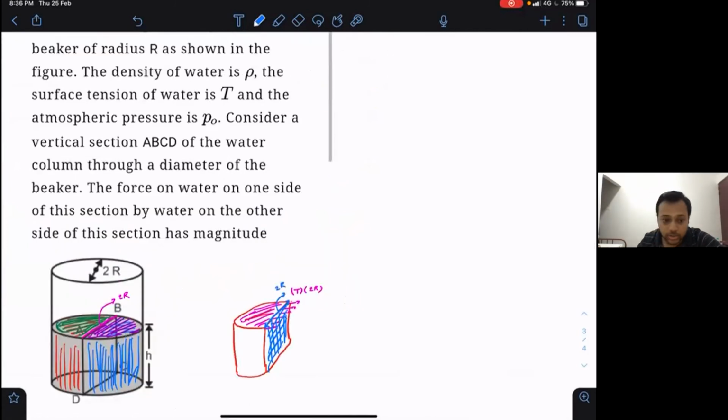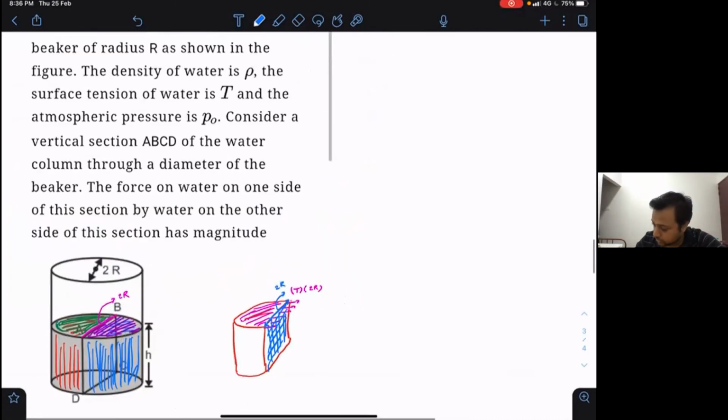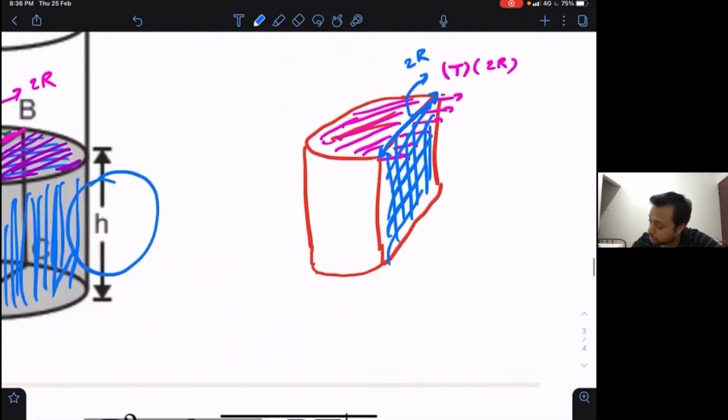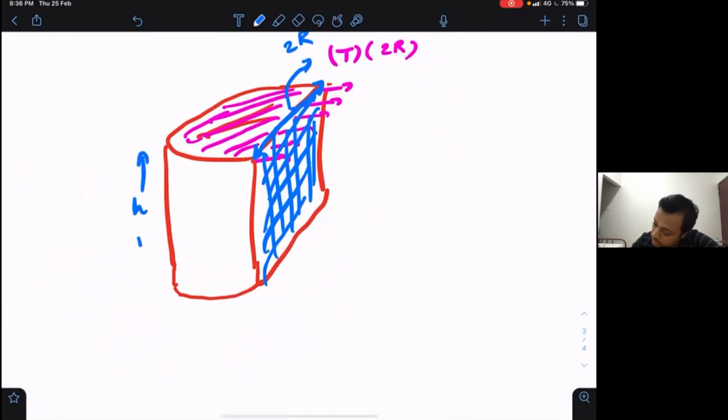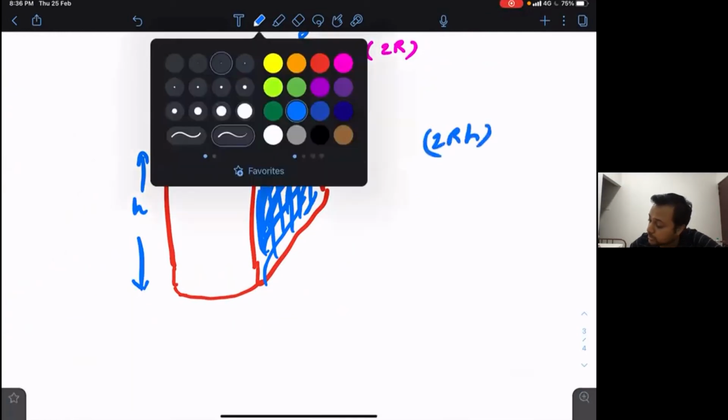Height given in the question is h only. So this height is H. So this total blue shaded area that you can see, which is the area in contact between the left half of the liquid and the right half of the liquid, is 2R into H.